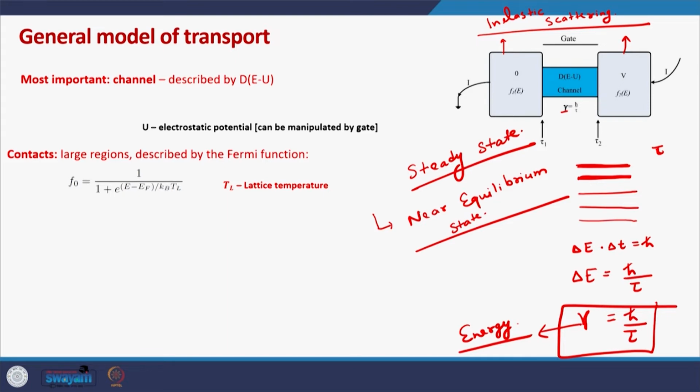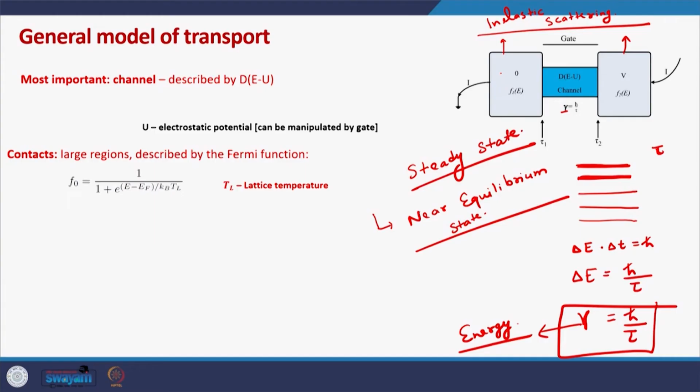So, even with an applied voltage, contacts maintain a near equilibrium state, which means that the electronic distribution in the contacts can still be given by the Fermi functions and the Fermi level.